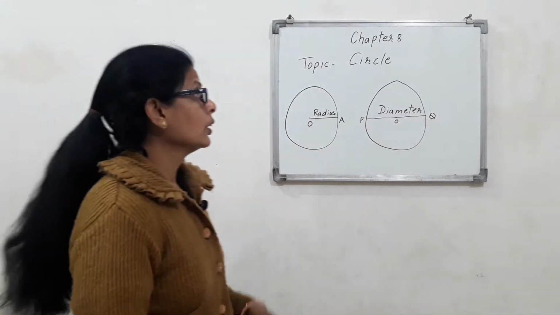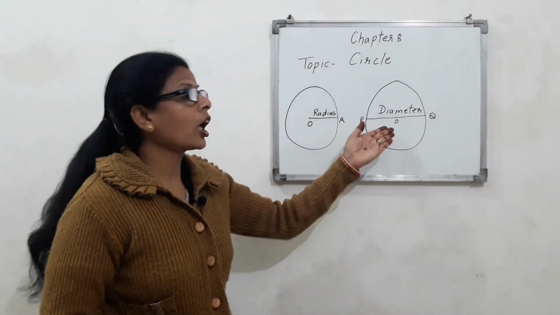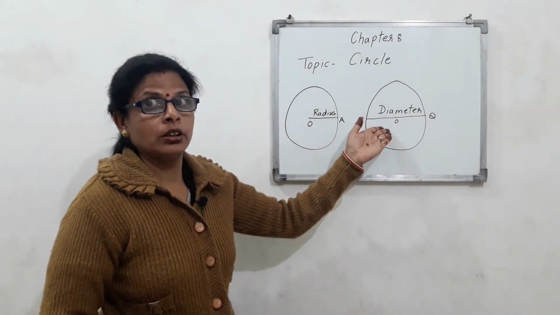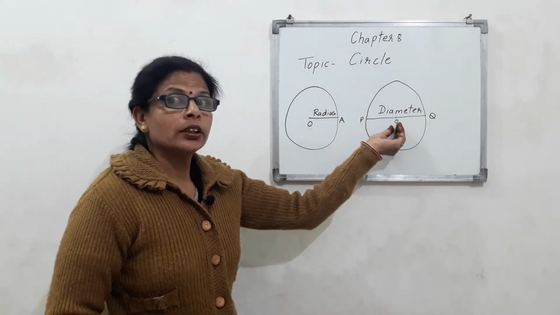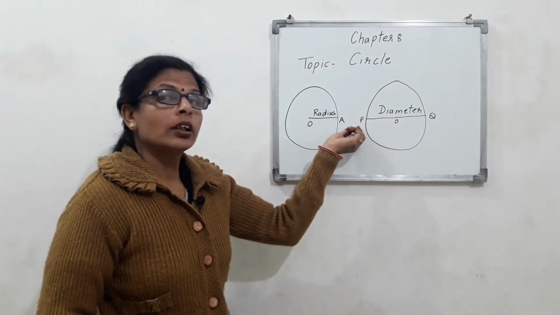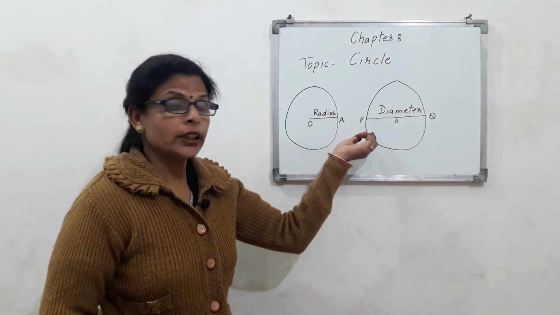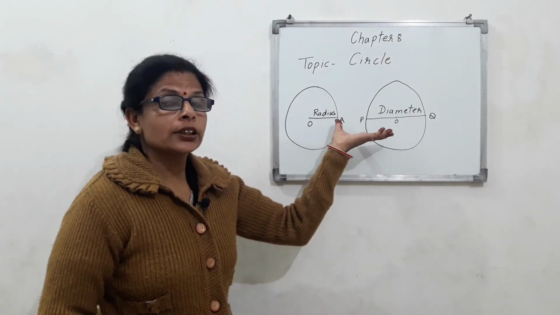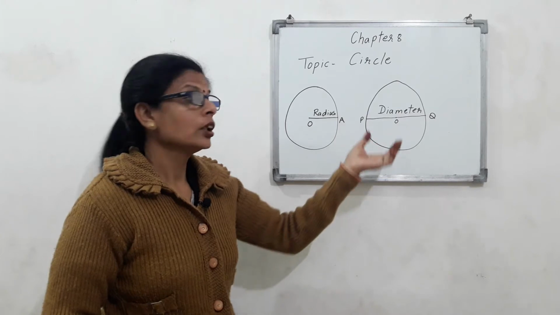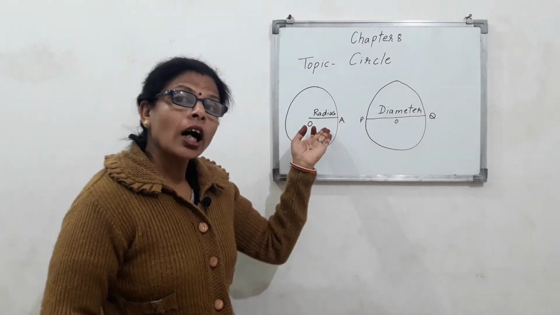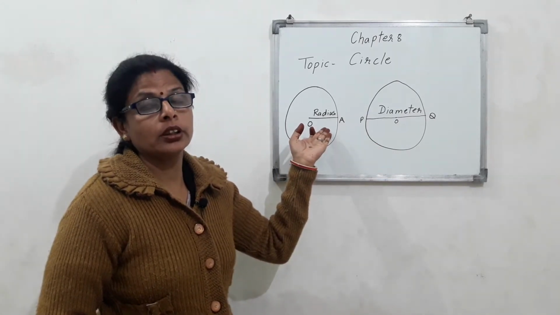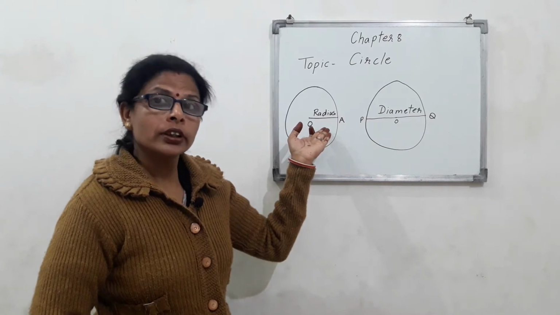This means the radius is half of the diameter. From the center, the line goes to P and Q, right? It is dividing the circle into two halves. So, radius is half of the diameter.